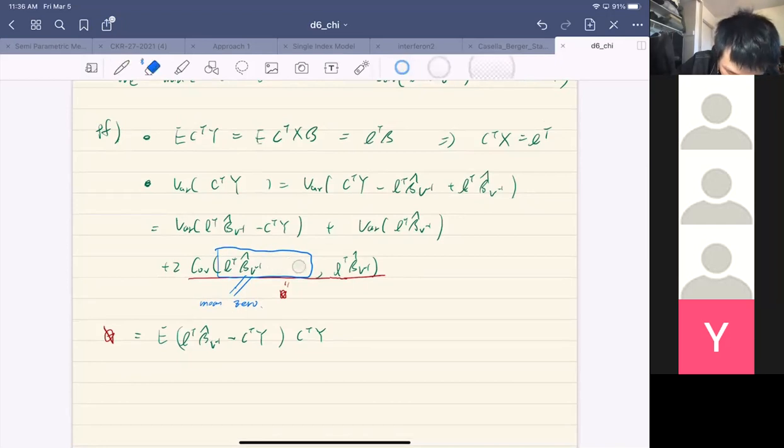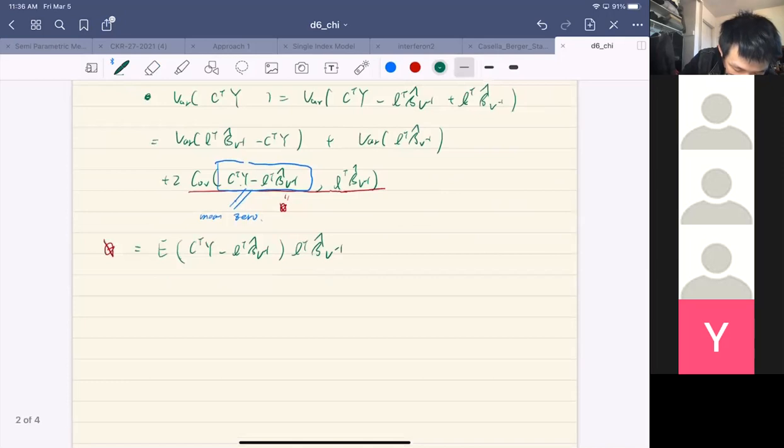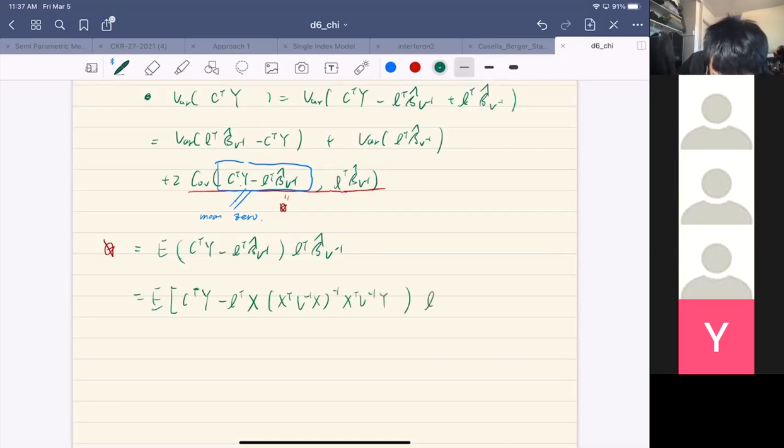So this should be, yes. Then this is equal to this.